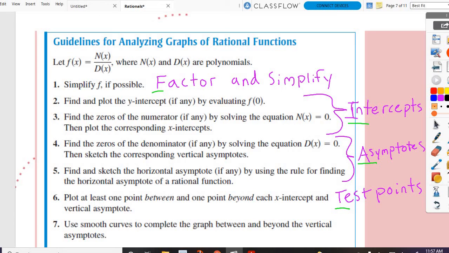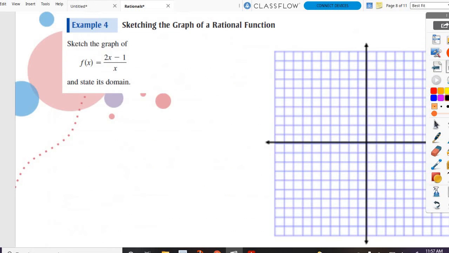Okay. So then let's look at an example. We have f of x equals 2x minus 1 all divided by x. So what's our first step? Factor.